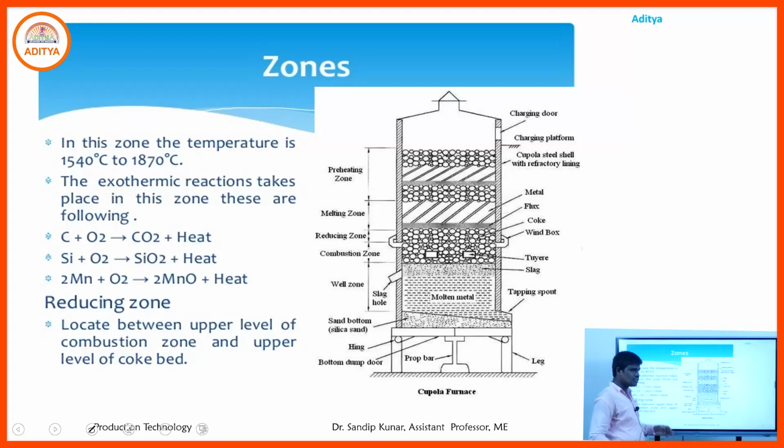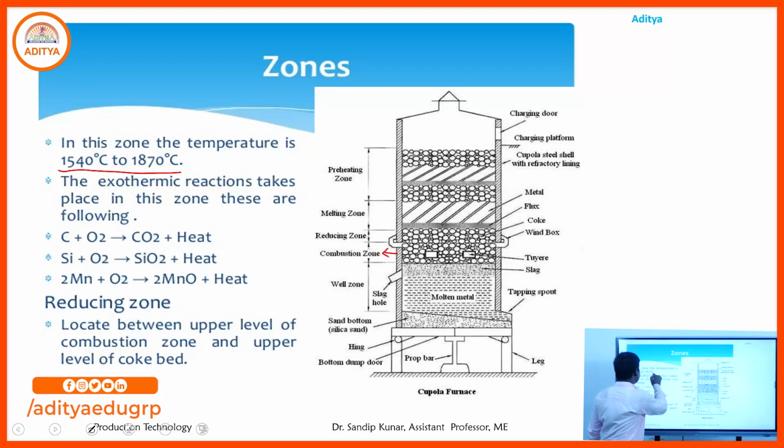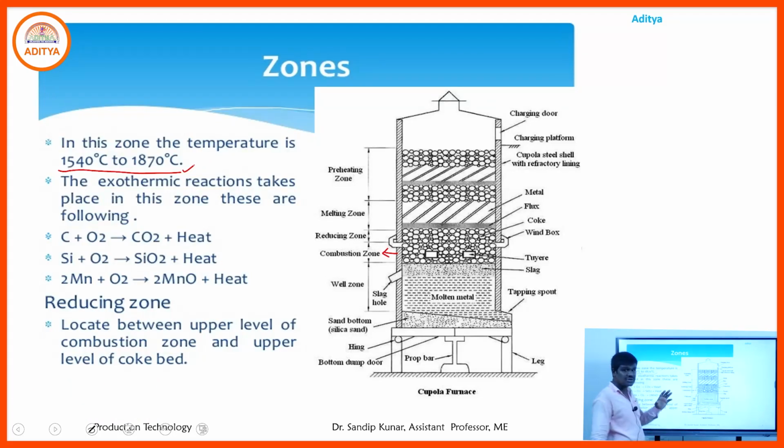In this zone the temperature varies from about 1540 degrees centigrade to 1870 degrees centigrade, and an exothermic reaction takes place. Means extra heat is generated in the combustion zone due to burning. Some chemical reactions take place in this zone.